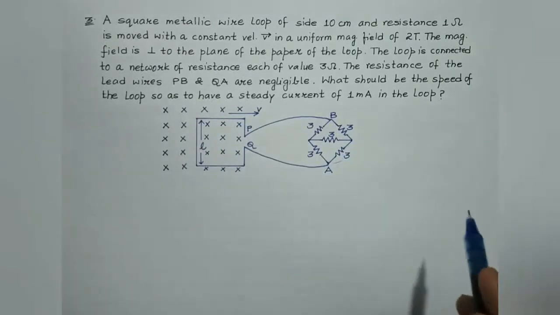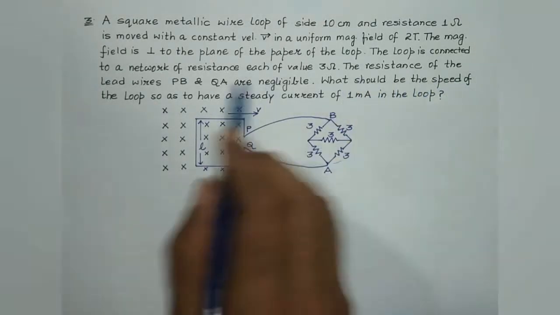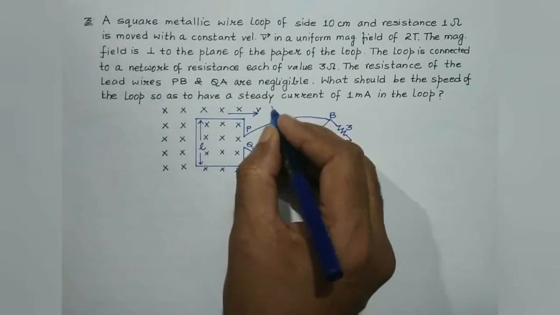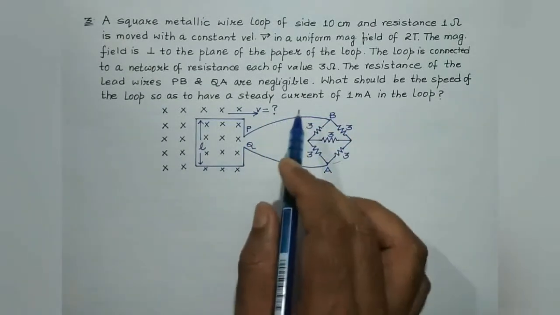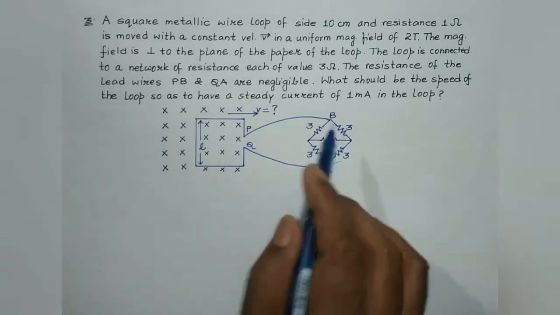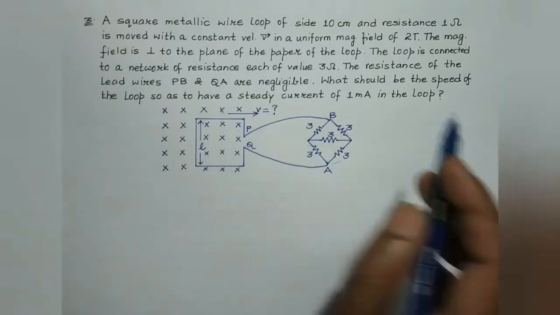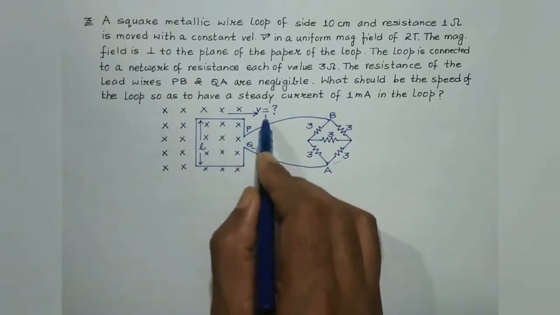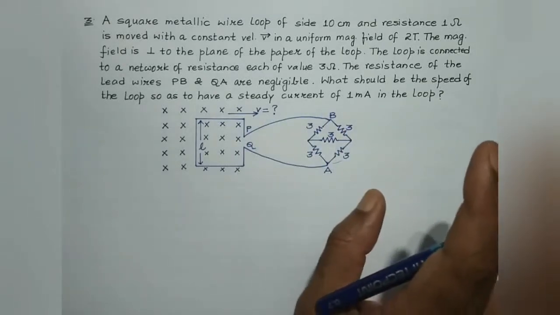So in this question, we are supposed to find out the speed of the loop, so as to have a steady current of 1 milliampere in the loop. If I want a current of 1 milliampere to be flowing through this loop, then with what velocity is this loop to be moved along this direction? This is the question, right?